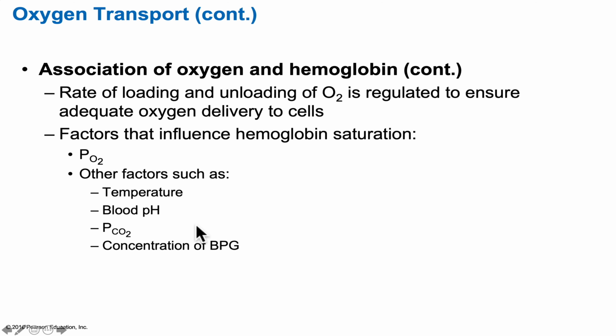The rate at which hemoglobin reversibly binds or releases oxygen is affected by factors such as temperature, blood pH, the percentage of dissolved oxygen, and also the concentration of a chemical called BPG. We'll talk a little more about this in the next few slides.